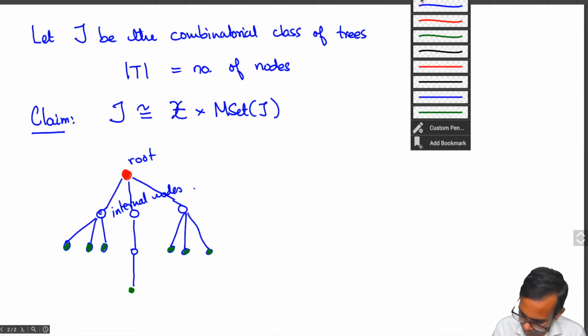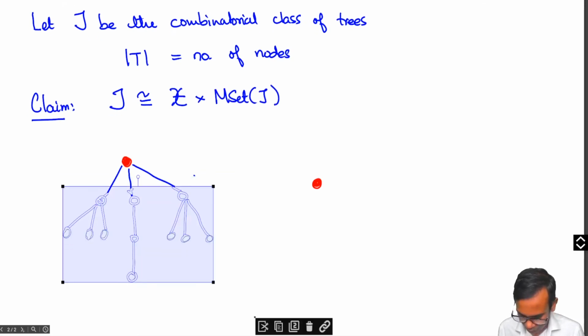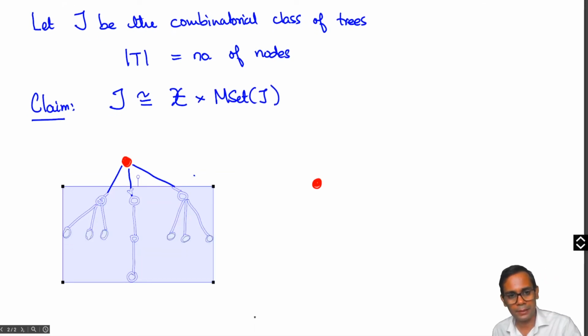Now this is an object on the left hand side, and let me show you what it corresponds to on the right hand side. So I need to give an atomic object, which I will just take to be the root itself, and then I need to give you a multi-set of trees, and that will just be coming from taking these pieces here.